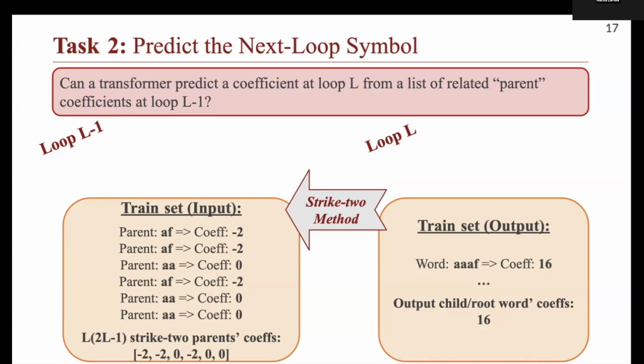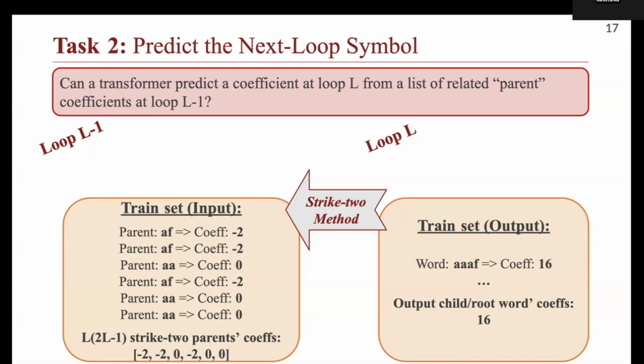You want to relate this word to some parent word at one loop lower, which is loop 1. So what you do is you just strike out 2 letters from your word. For example, if you strike A and A, you are left with AF, and you look at what the coefficient corresponding to AF is, it is -2, and so on.